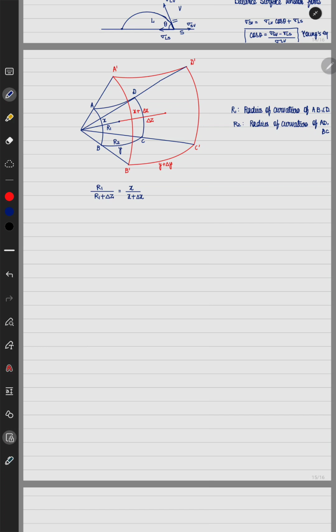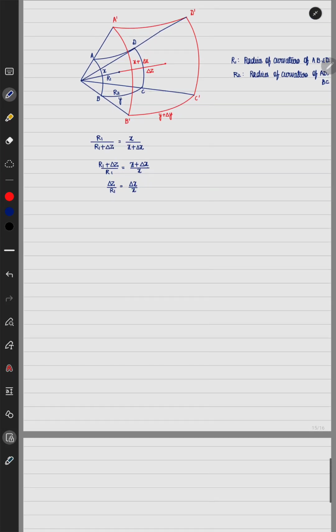Now the arc length associated with AB is given by x, and the arc length associated with A prime, B prime is x plus delta x. Now the similar proportion can be written as R1 plus delta Z divided by R1 is equal to x plus delta x divided by x. Subtracting 1 from both gives delta Z by R1 is equal to delta x by x.